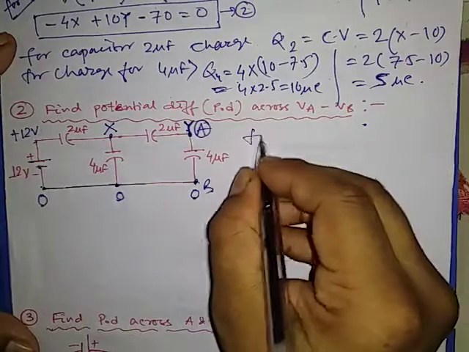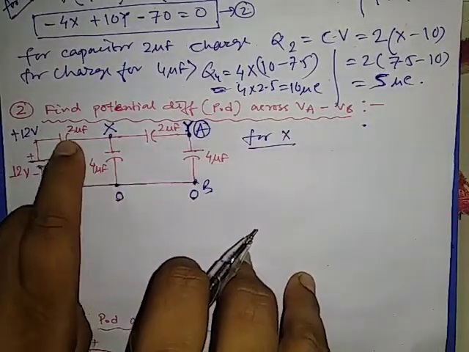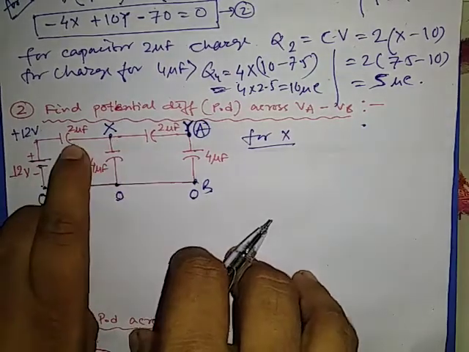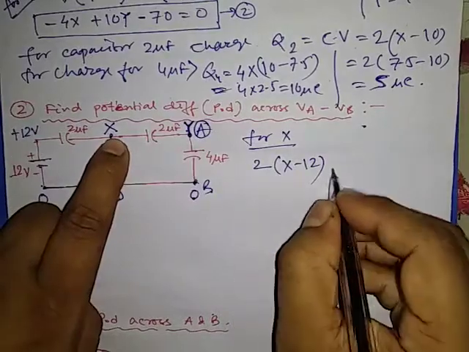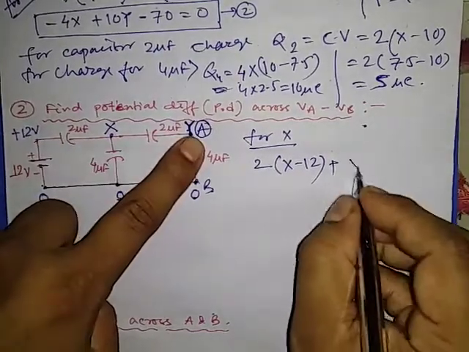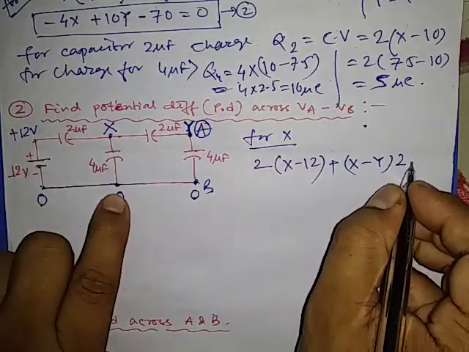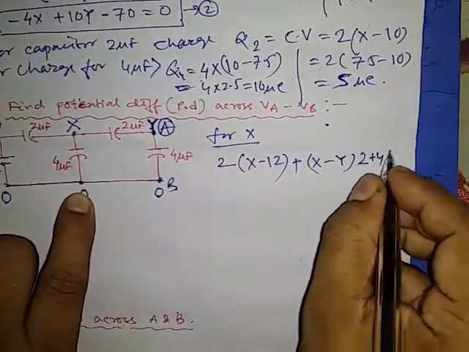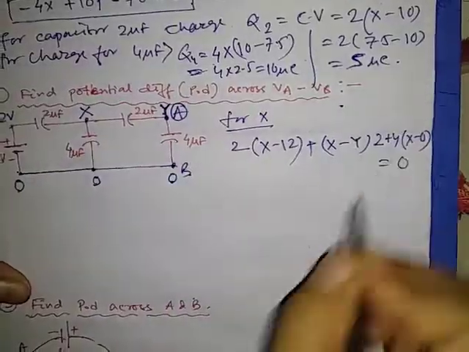First of all, for the X node, the same thing you have to do again. So Q equal to CV, C here is 2 and V means X minus 12, plus X minus Y, and the intermediate capacitor is 2, and here also 4 into X minus 0, is equal to 0.